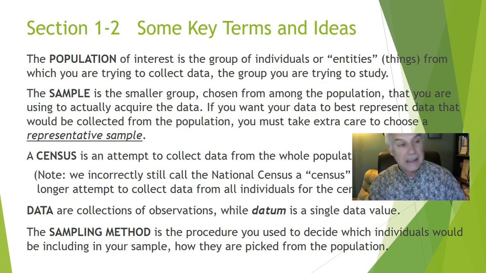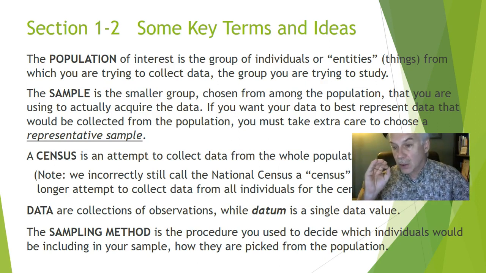It could be countries in the world would be the entities, or it could be people, individuals. But it's some type of thing that you're interested in collecting data from and studying. That's your population. A sample is a smaller group chosen from among the population that you're actually acquiring the data for. Okay?